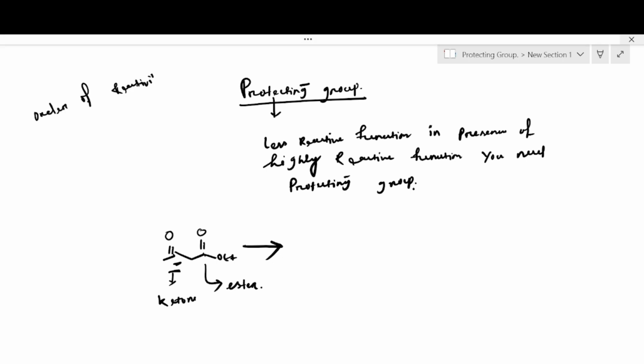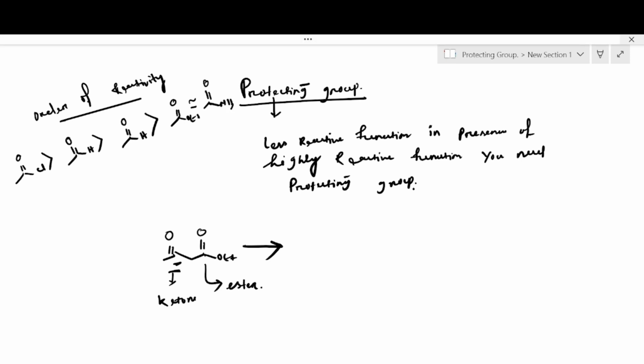The order of reactivity of the carbonyl group is acid chloride, highly reactive, then aldehyde, then ketone, then ester or amide, then carboxylate, that is carboxylic acid.